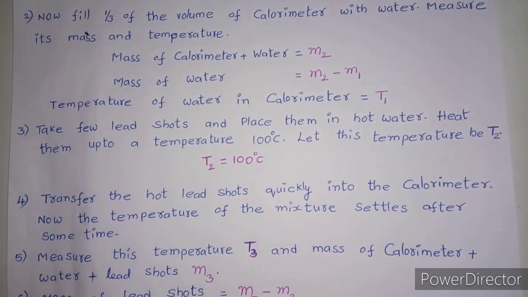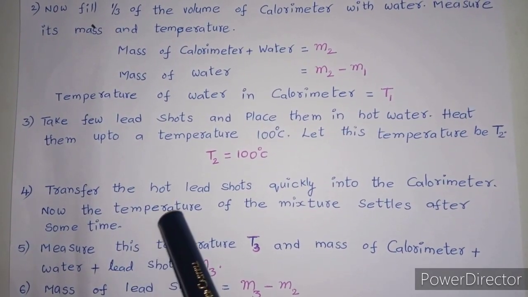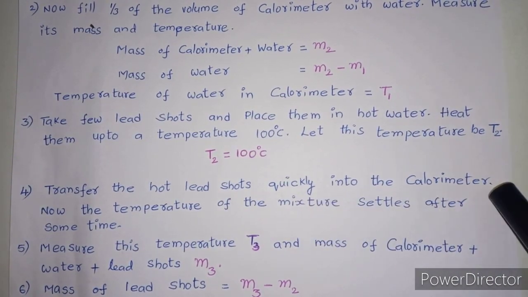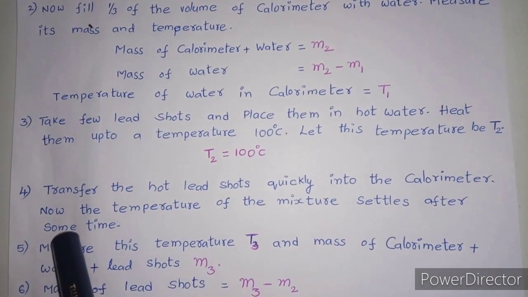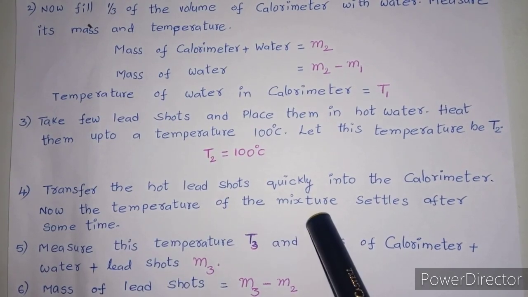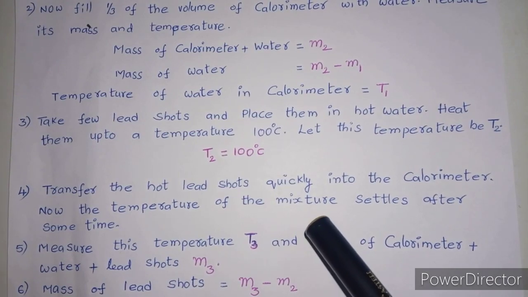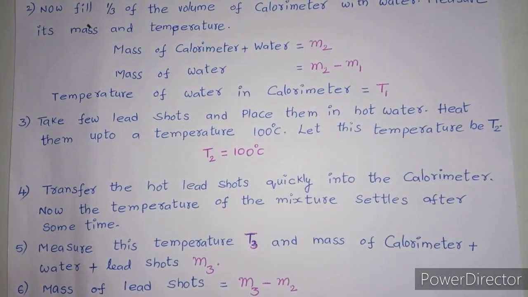Now transfer the hot lead shots, which are at 100 degrees centigrade, quickly into the calorimeter. Now the temperature of the mixture settles after some time. That means the lead shots will lose heat energy and the calorimeter and water will gain the heat energy, that means they absorb.